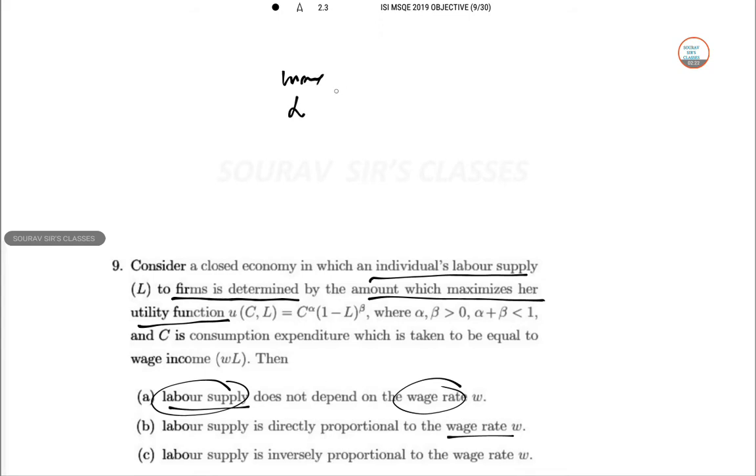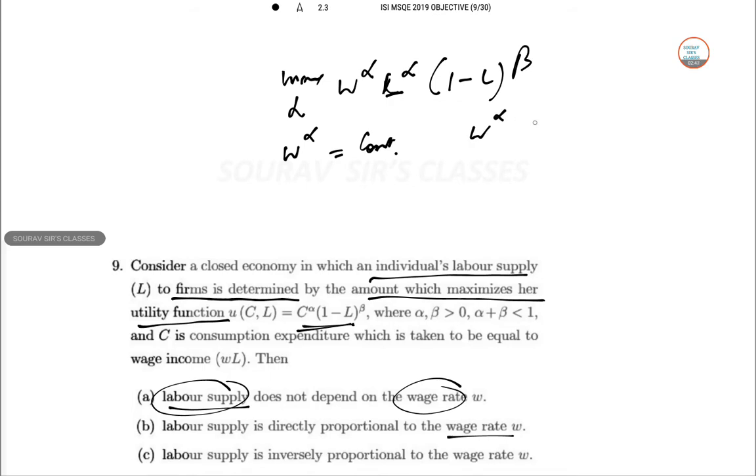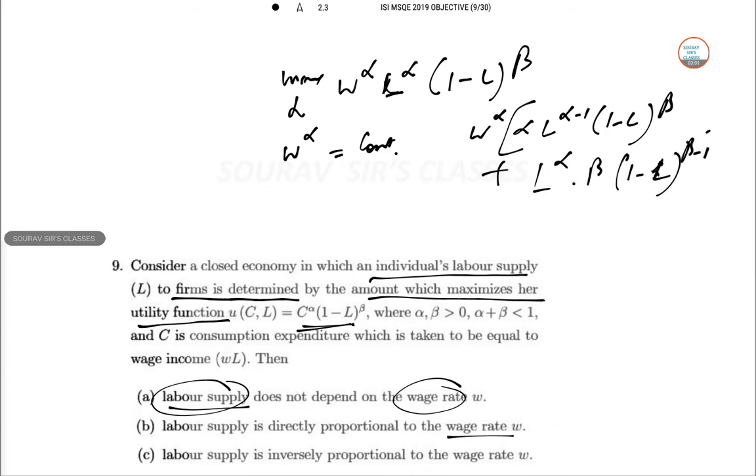So if I just do it, maximize L W to the power alpha, wage rate, and L to the power alpha into 1 minus L to the power beta. Since W to the power alpha is a constant, the optimal labor supply, if you just calculate, W to the power alpha into L to the power alpha minus 1 into 1 minus L to the power beta, plus L to the power alpha into beta into 1 minus L to the power beta minus 1.